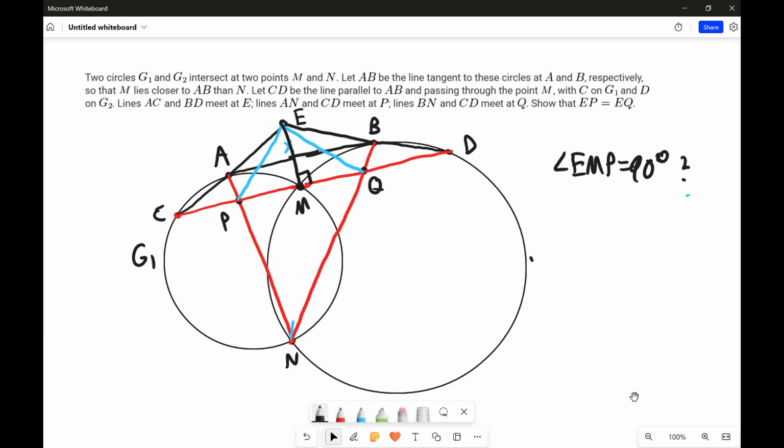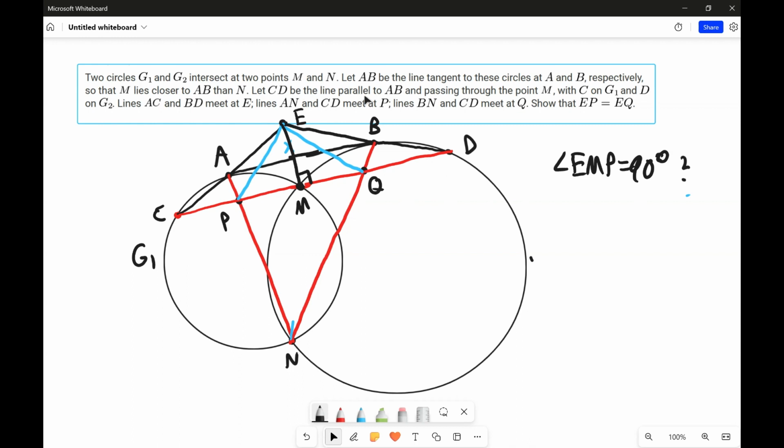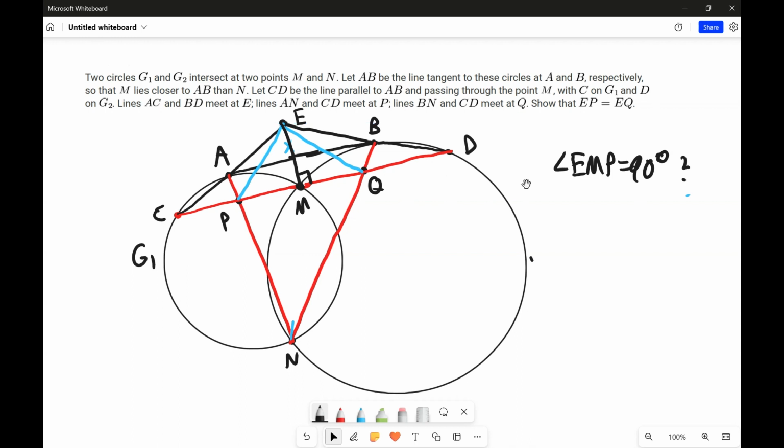So how do we go about proving this? Well, this is just equivalent to EM being perpendicular to CD. And this line CD seems kind of nasty to deal with. So let's try dealing with AB, because AB is parallel to CD by definition. Then now we want to show that EM is perpendicular to AB.